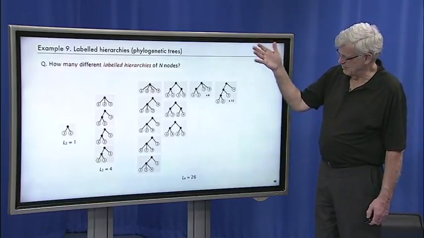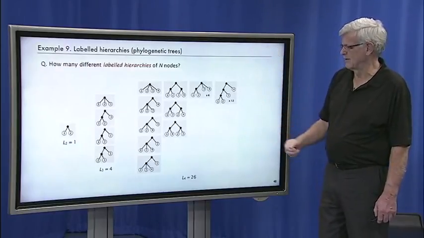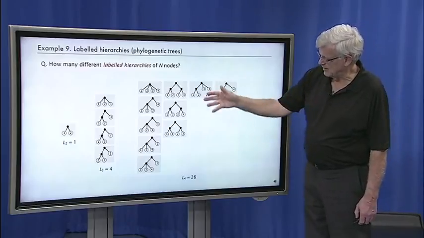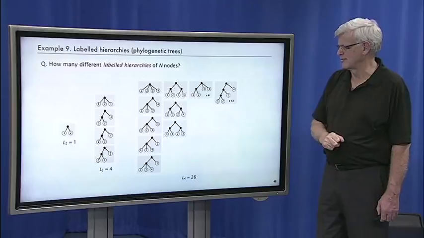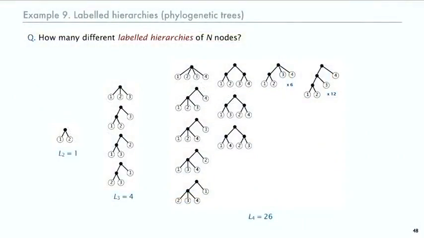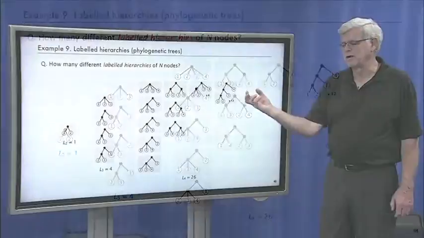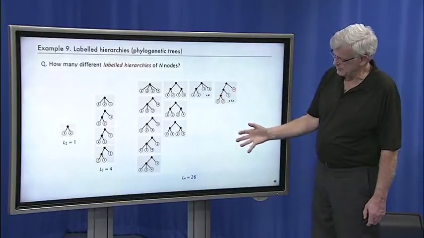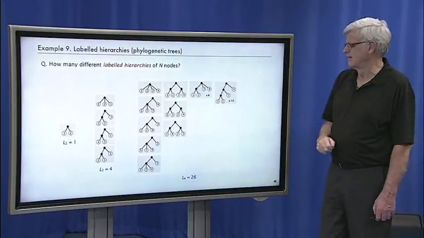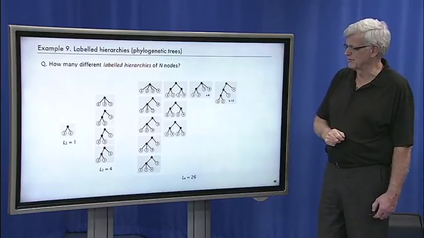This is the number of different labeled hierarchies of n nodes, where now there's not only different shapes, but there's different labels. So you can put 1, 2, 4 together and 3 apart, and that leads to that kind of thing. The order in the tree doesn't matter, but the way in which things are grouped matters. I won't go through the details, but that's the number of labeled hierarchies.